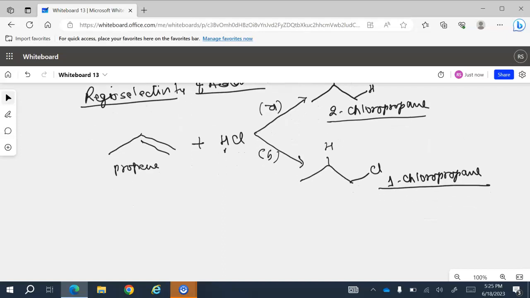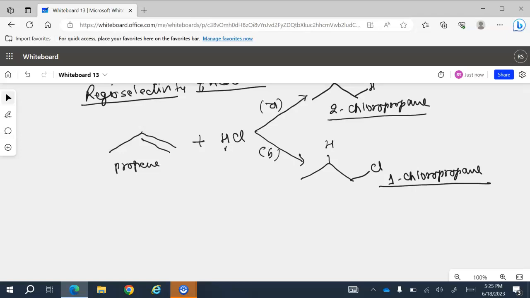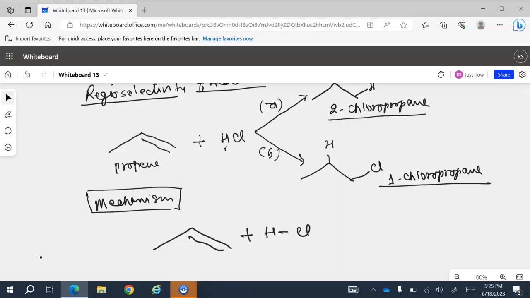This we can explain very clearly if we follow through the mechanism. Let us discuss the mechanism, how the two possible products form, and we can understand which one will be the major product. See that carbon-carbon double bond, we are adding HCl across the double bond. Hydrogen is slightly positive, chlorine is slightly negative. As we discussed previously, this double bond will grab this slightly positive hydrogen.